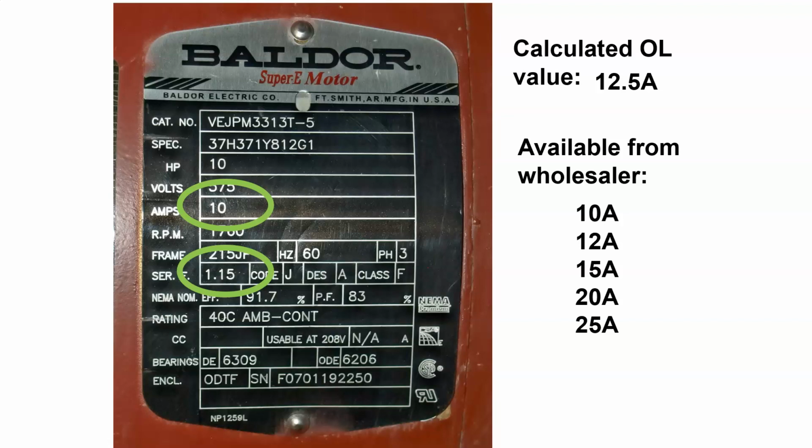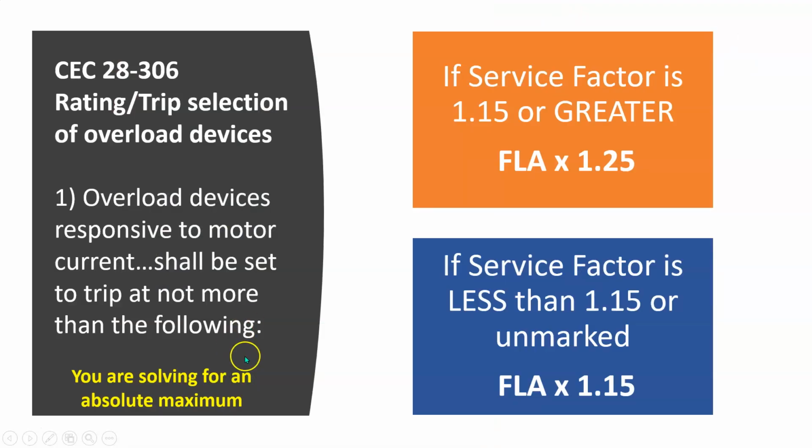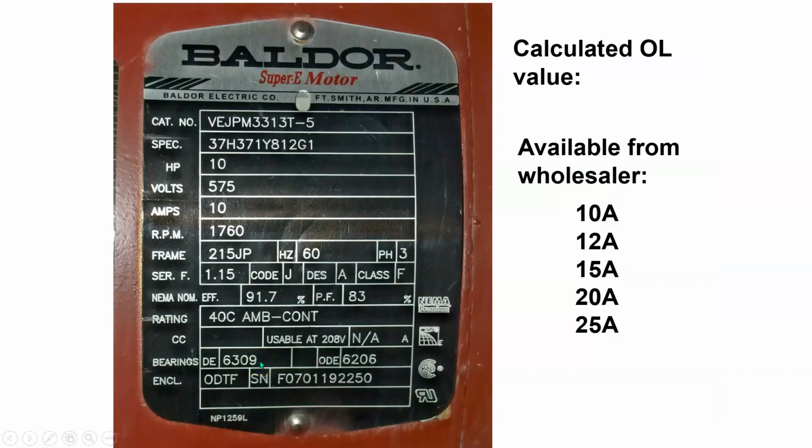Now, this is for sizing or setting your overloads, right? And remember back on that slide, it said you're solving for an absolute maximum, which means you cannot, for any instance, exceed this value. So if I have a calculated load of 12.5 amps, which one do I choose: A, B, C, D, or E?